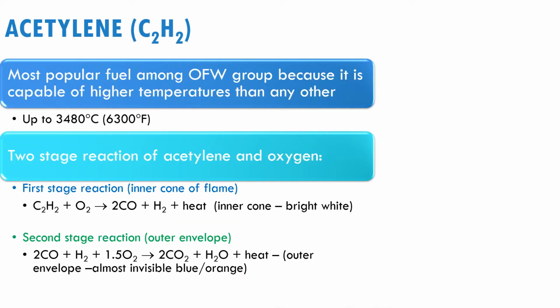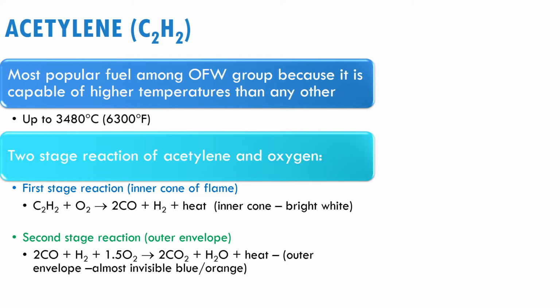In this oxyacetylene welding process, acetylene is the most popular among the welding types in this group, because it's capable of achieving high temperature, which is around 3480 degrees Celsius. In this process of welding, there will be two stages of reaction of acetylene and oxygen.